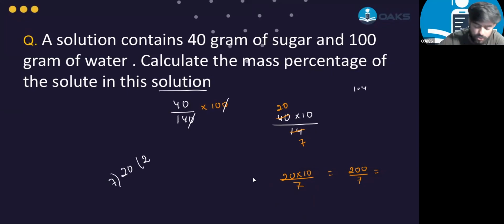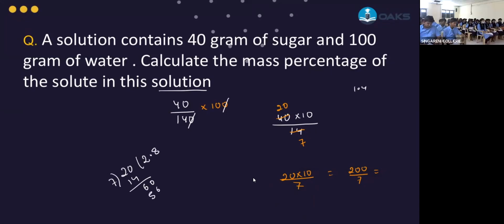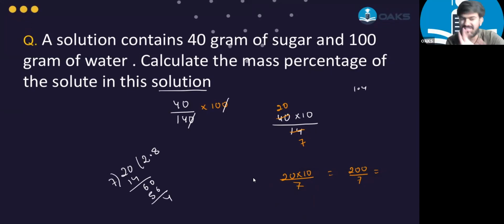Let's see. 2 sevens are 14, and how much are you going to left? It will be 6, right? Then you have to put the point. It will become 60, and 7 eights are 56, and then again we are going to get 4. So this much decimal calculation is okay. We don't need 3 to 4 decimal digits. 2.8 is okay.